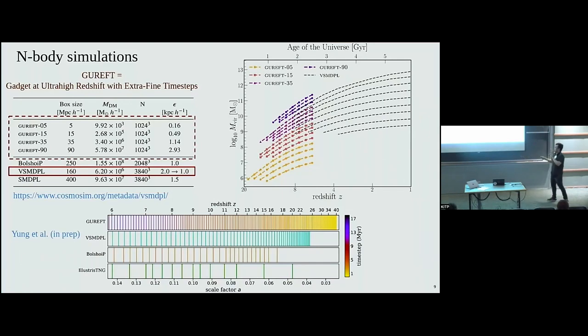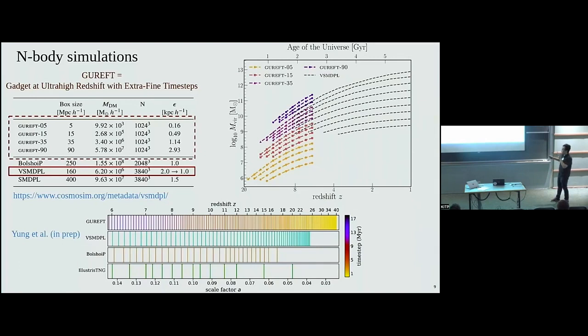And one of the reasons that I want to use GRAPH in conjunction with Very Small MultiDark is that if you look here, this is the mass accretion history of the main progenitor branch as a function of redshift or age of the universe. Here I plot the virial mass, and for each of the trees here, I basically plot the median accretion history.